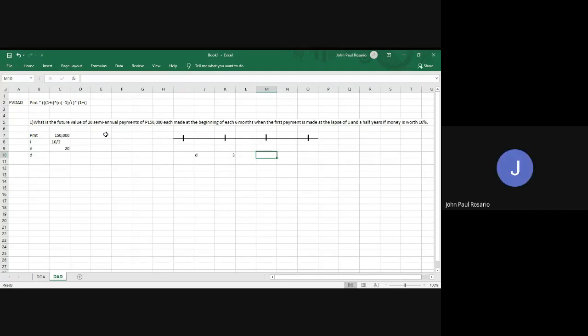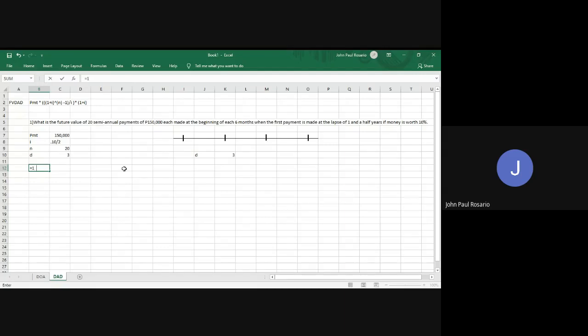Okay. So our period of deferment is 3, but it doesn't matter for future value calculations because we don't use it. It has no part in the formula.